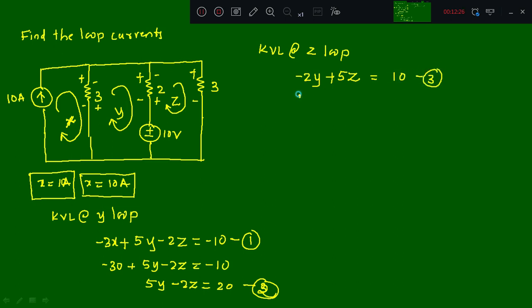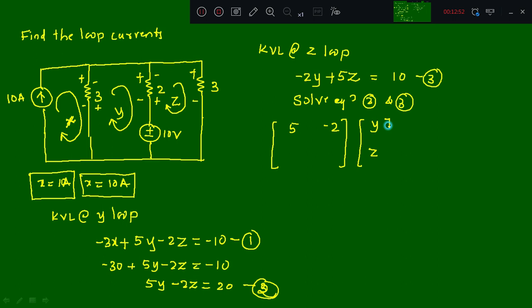Now just see here, solve equations 2 and 3. Because it consists of two unknown variables, y and z, and two equations, we can easily solve them. So write in the form of a matrix, right? This is 5 and minus 2, minus 2, 5, here y and z, which is equal to the constants 20 and 10.